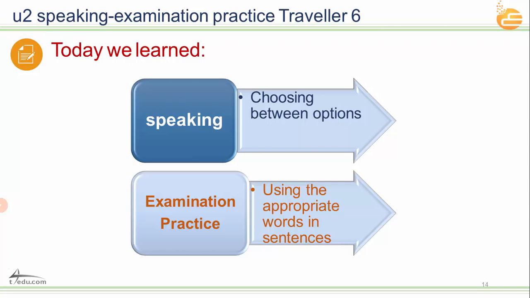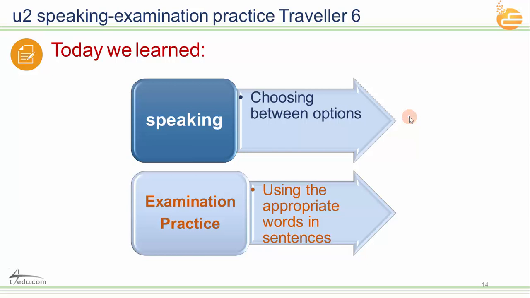So that was quick. So what have we done today? Today we have learned some speaking and how we choose between two options. Most of the time it's a controversial idea for speaking. Some may choose this kind of situation, others would choose the opposite side, or sometimes you find people in the middle.